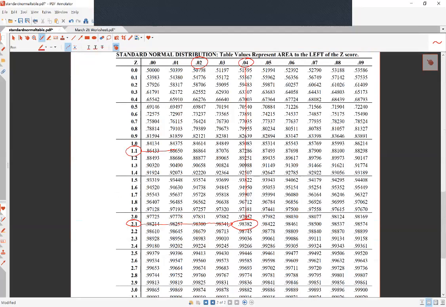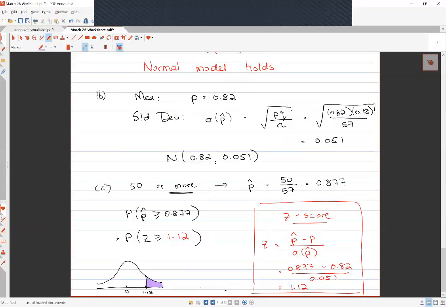1.12. That gives me, to 3 decimals, 0.869. Remember, that's the probability to the left. Probability to the left is 86.9%.